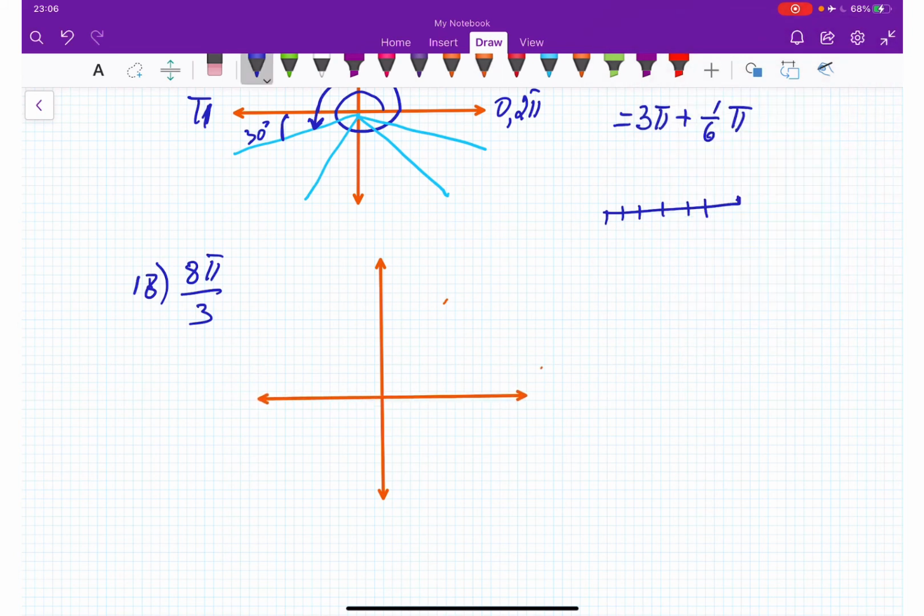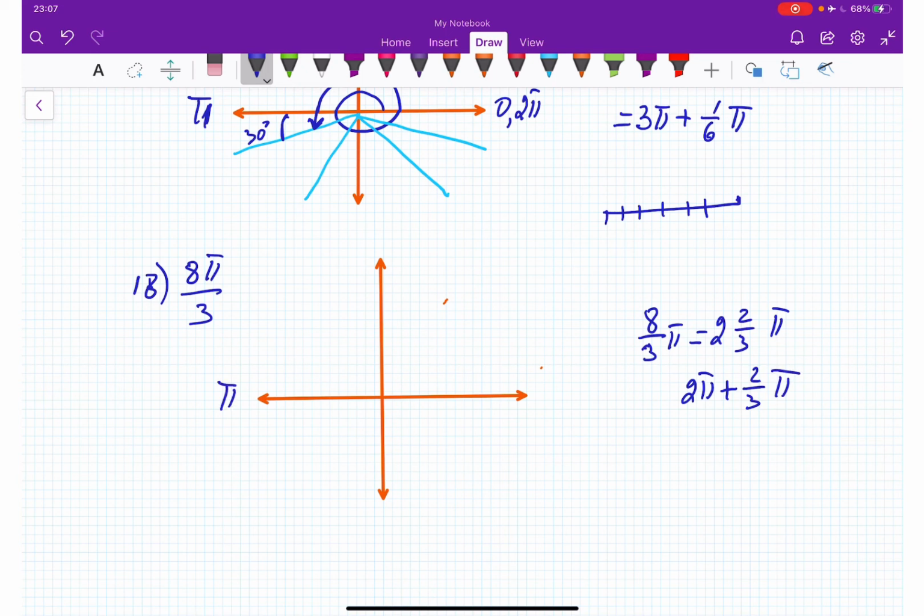Okay, 8 pi over 3, or 8 over 3 pi. It's an improper fraction, so I'm converting to a mixed fraction, which is going to be 2 and 2 over 3 of pi. So I'm writing down 2 pi plus 2 over 3 pi. Let's go.